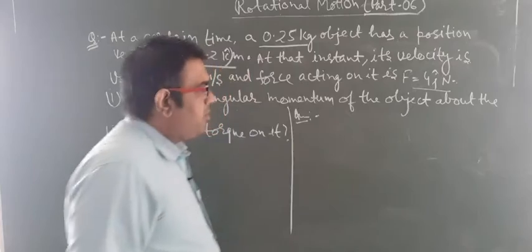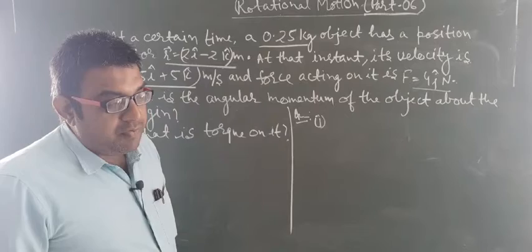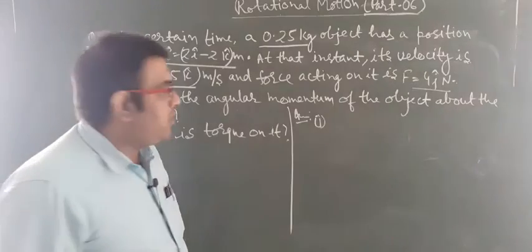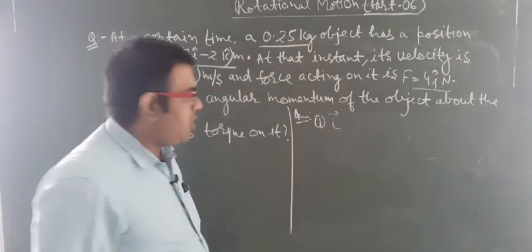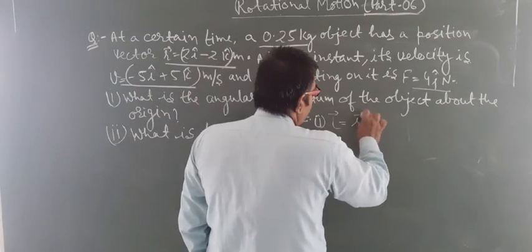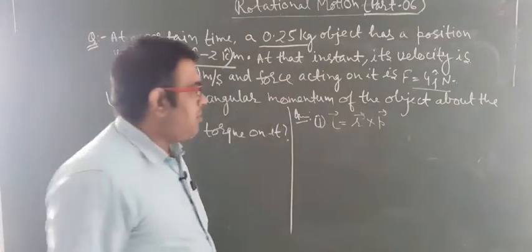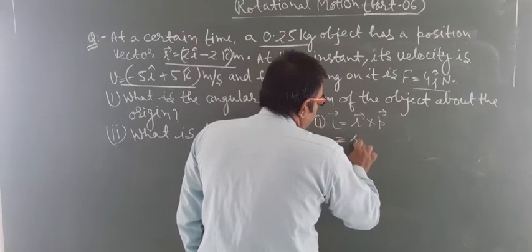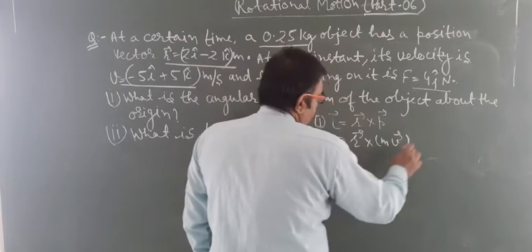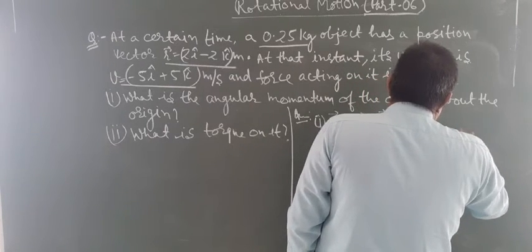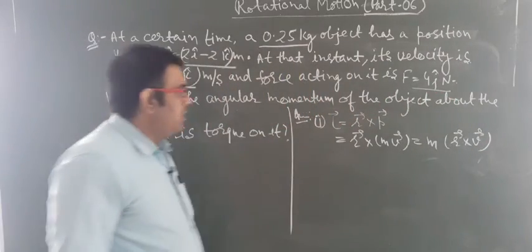Angular momentum of the particle is the moment of linear momentum. Angular momentum is L, and I had taught you that angular momentum is equal to r cross p. Now you can write it as r cross m v, or as m r cross v vector.